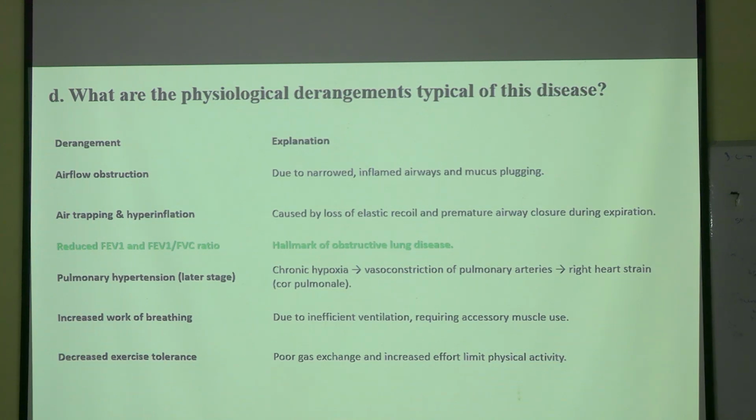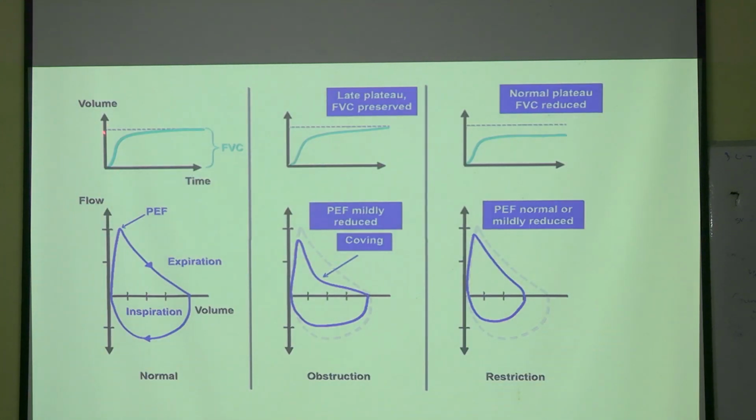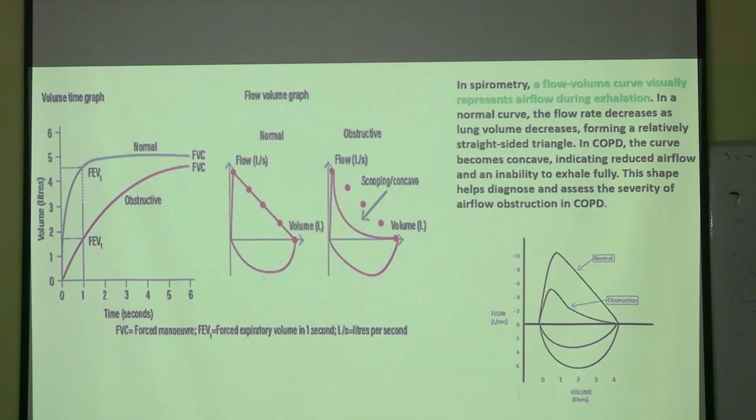Now, the most important physiological derangement is reduced FEV1 as well as a reduced ratio of FEV1 to FVC. See the case for normal subjects. If you see the time volume curve of FVC, the forced vital capacity, it is a little more than 5 liters for a healthy subject, right?